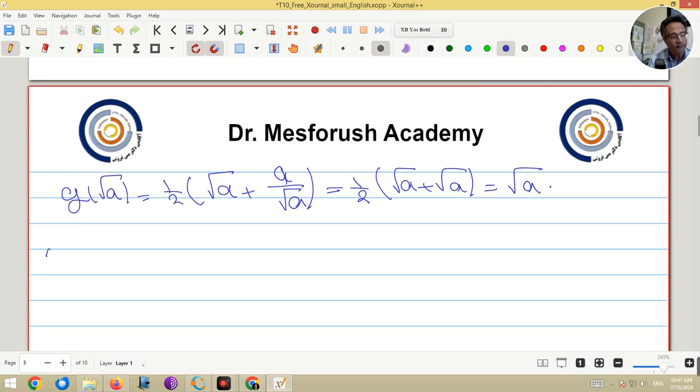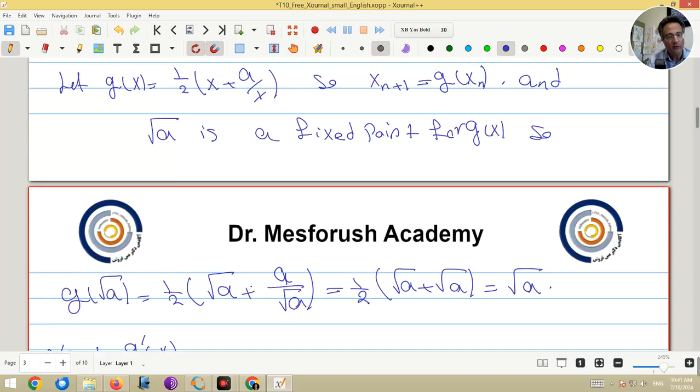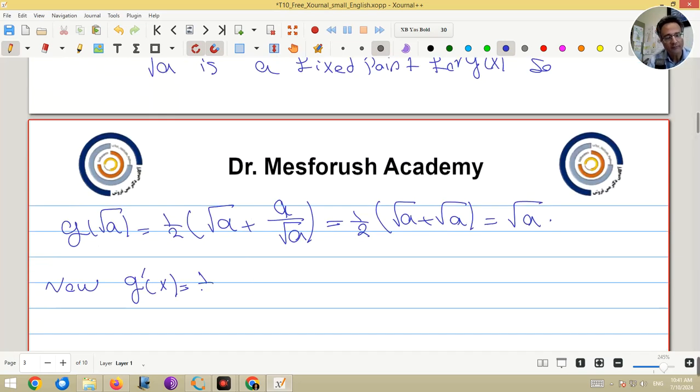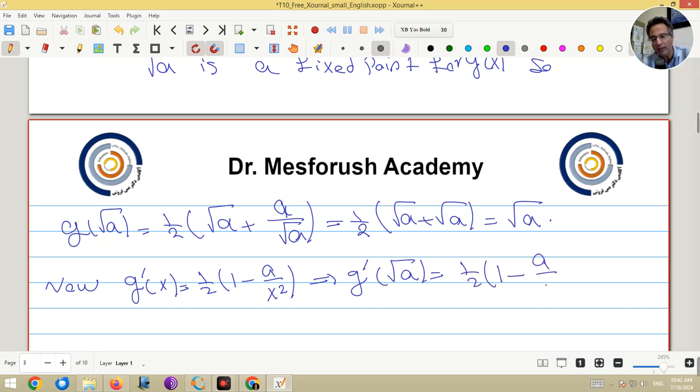Now we compute g prime of x. This is equal to 1/2 times (1 minus a over x squared), and this gives g prime at the square root of a is 1/2 times (1 minus a over a), and it will be 0.